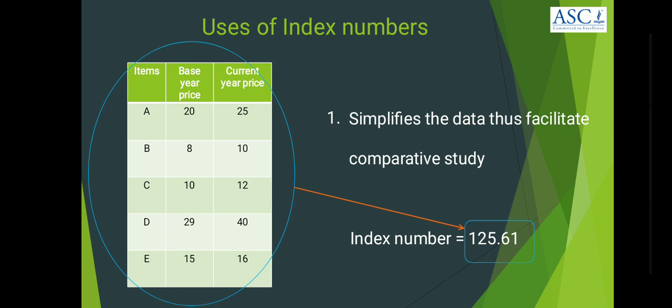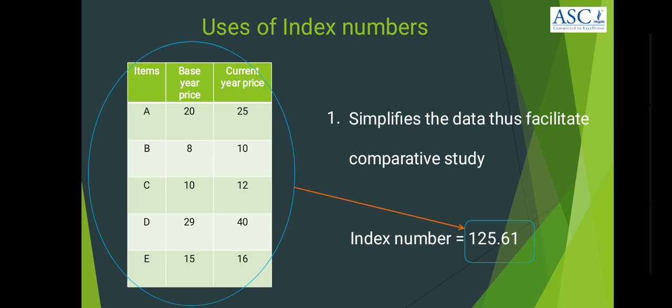Thus, index number simplifies an entire data into a single value, means it simplifies the data, and hence later comparison can be done. As we discussed earlier under one of the characteristics of index numbers, that index numbers facilitate comparison, which is the second part of this statement.